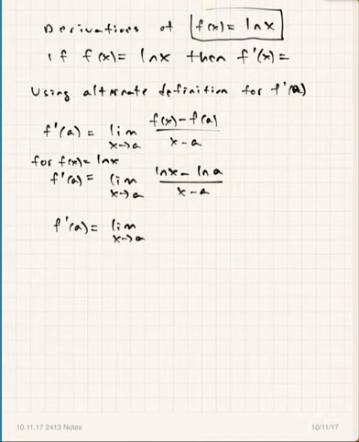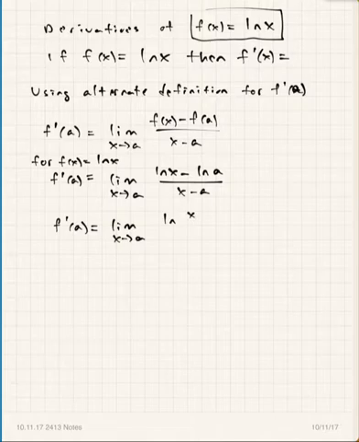In the numerator, I've got the natural log of x minus the natural log of a, and I could use the quotient rule for logarithms to combine those. So that'd be the natural log of x over a, over x minus a.